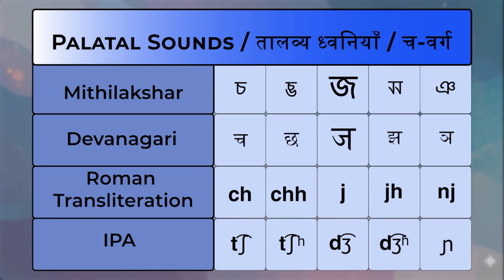This is letter J. This is letter Jh. This is letter Nya. Please note that the Panchamakshara, that is the nasal sound of this group, is not phonemic in Maithili. That means this letter cannot be at the start of a word, but it does appear word finally or in the middle of the words.